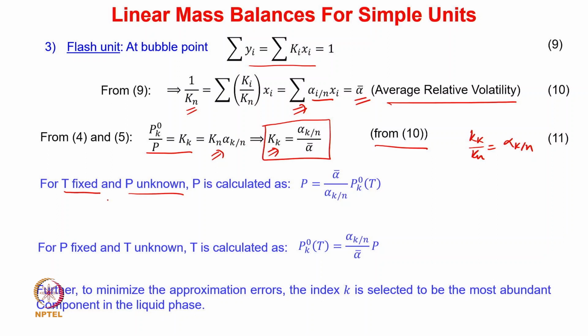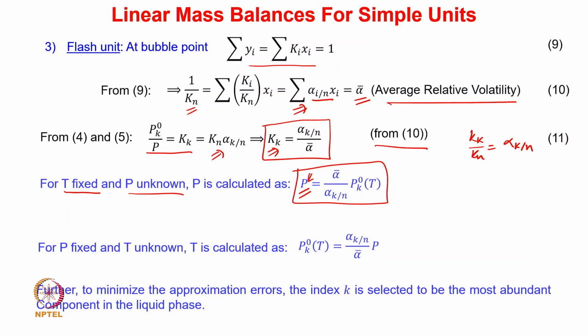So let's say T is fixed and P is unknown. In that case we can back calculate P by using this particular equation. So P will be nothing but pk naught into alpha bar divided by alpha kn. So we can back calculate P and check whether the assumed value of P is matching with this P or not.